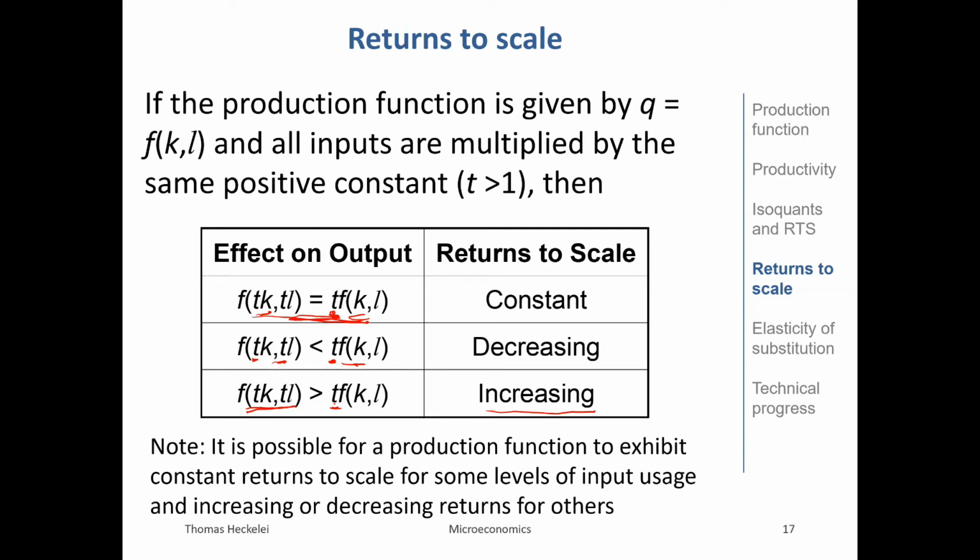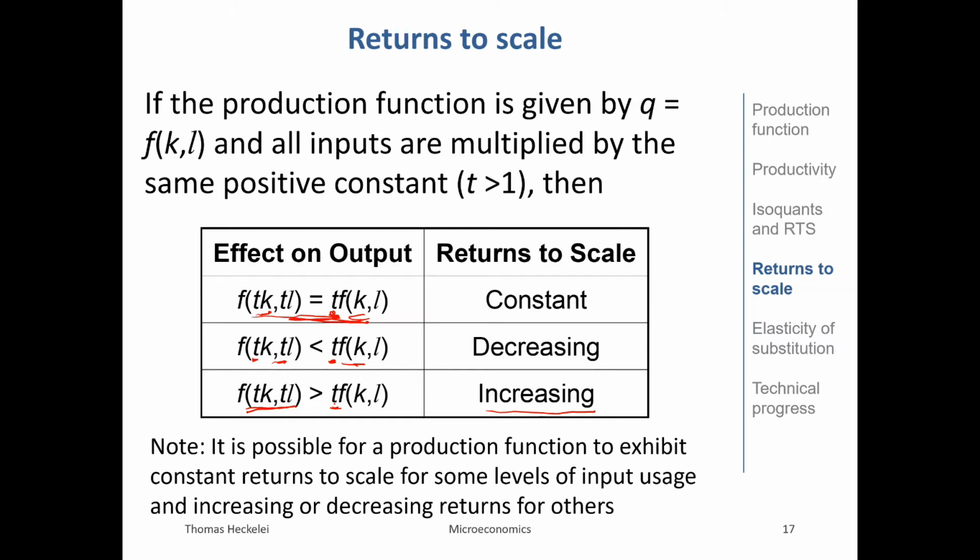One thing to note is that it is possible for a production function to exhibit constant returns to scale, or any kind of returns to scale, for some level and then change to another in other ranges. One case we had in the beginning was the cubic production function, right? When you increase in the beginning, output will increase rapidly, but then as you keep increasing, it will slow down.